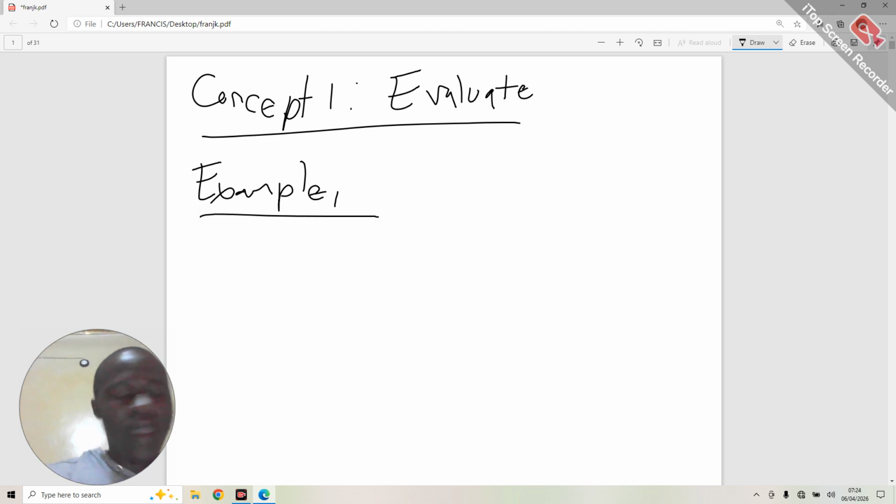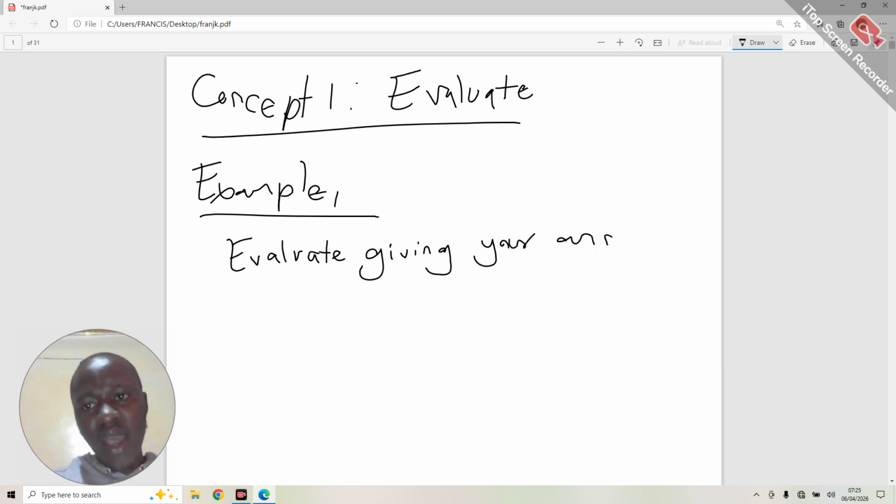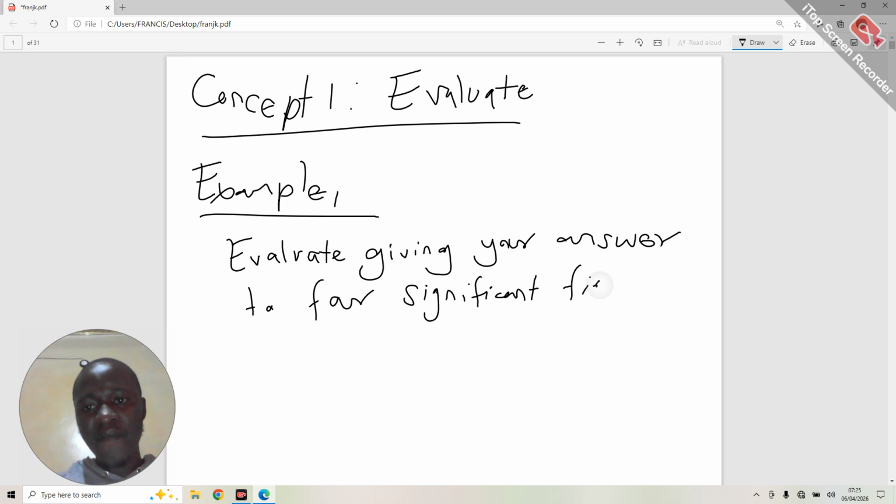Evaluate giving your answer to 4 significant figures.